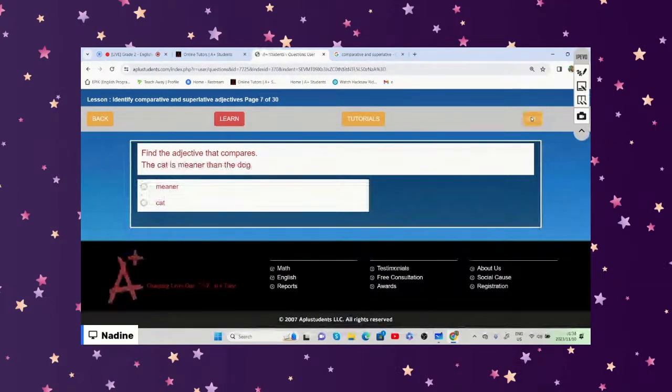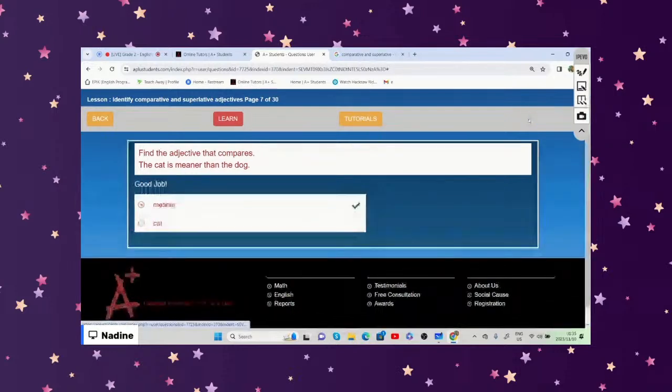And the cat is meaner than the dog. So if we choose the word that we must compare, it is meaner.